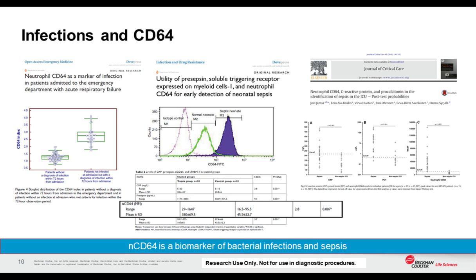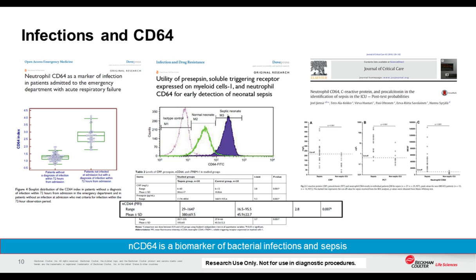CD64, or Fc gamma receptor 1, is constitutively present on macrophages, monocytes, eosinophils, and only to a small extent on resting neutrophils. However, neutrophil CD64 expression rapidly increases in the presence of bacterial cell wall components and some pro-inflammatory cytokines such as interferon gamma and granulocyte colony stimulating factor, GCSF.